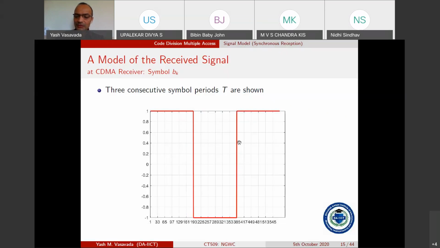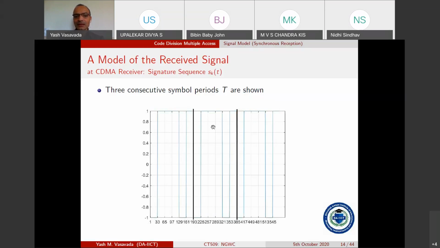Now I'm going to assume that A of k is 1. So if I look at just the signal term of that equation 8, it is nothing but the multiplication of this symbol waveform with this signature sequence. And so what we end up getting is essentially a waveform which looks like this.